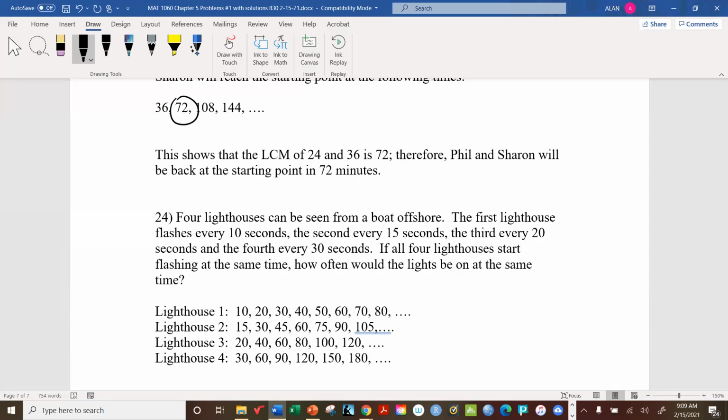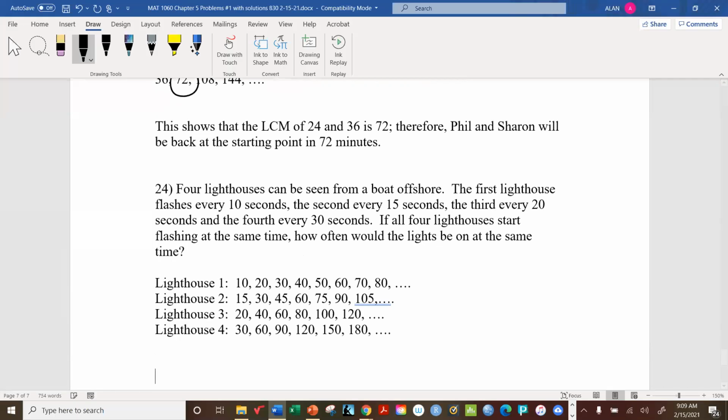All right, so if we look at all 4 of these, I think we can find what they have in common. Let's see. Oh, look at this. In 60 seconds, they'll all be flashing at the same time. And then, of course, they'll be off from each other. And most likely the next time will be 120 seconds because the pattern never changes.